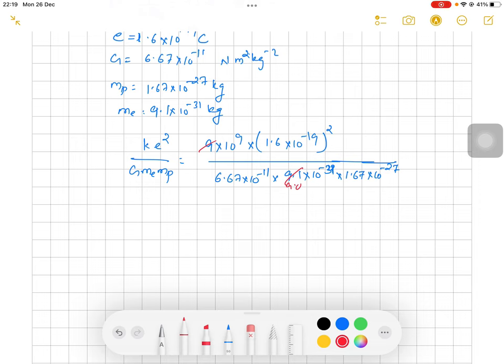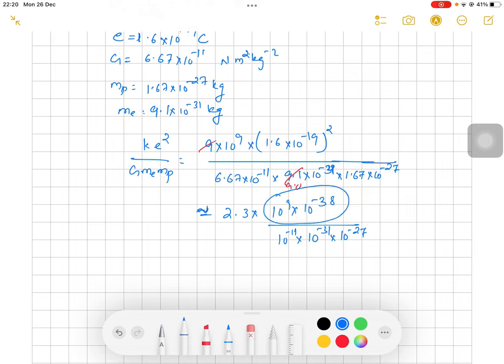When you substitute these values in the calculator, you get around 2.3 into 10 to the power 9 and 10 to the power minus 38 in the numerator, because 10 raised to minus 19 squared is 10 raised to minus 38, and 10 to the power minus 11, minus 31, and minus 27 in the denominator.